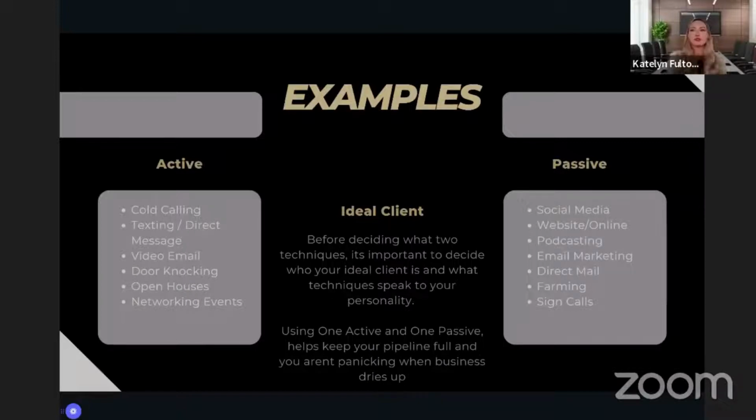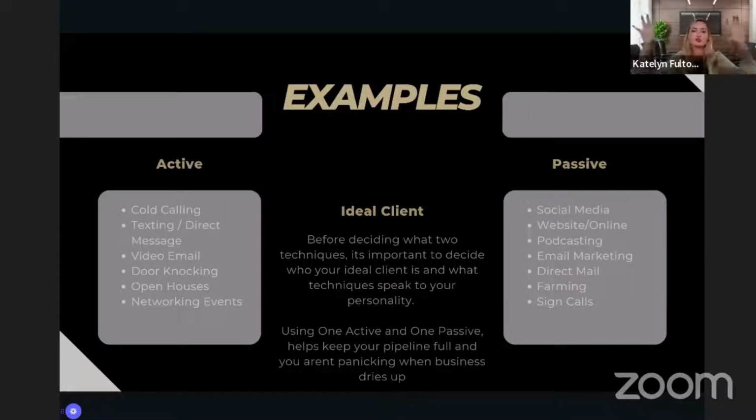This could be on Instagram, Facebook, where you're actually DMing people, video email directly to people, door knocking, open houses, and networking events. The passive prospecting is social media, websites or online leads. So like agent locator, Facebook ads, Instagram ads, podcasting, email, drip campaigns, direct mail, farming, and sign calls.